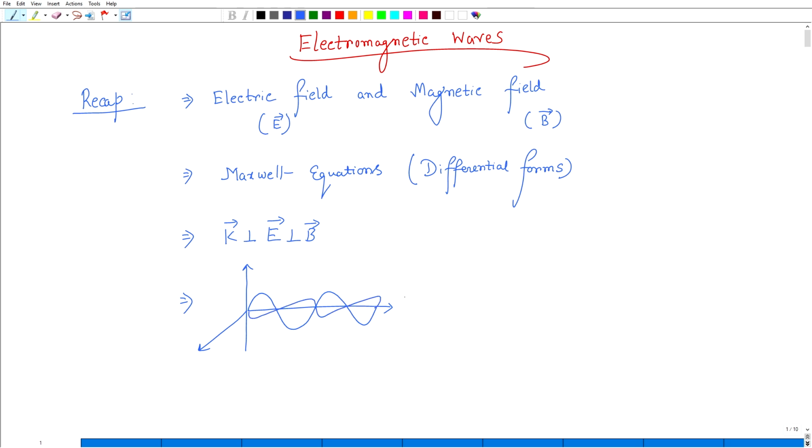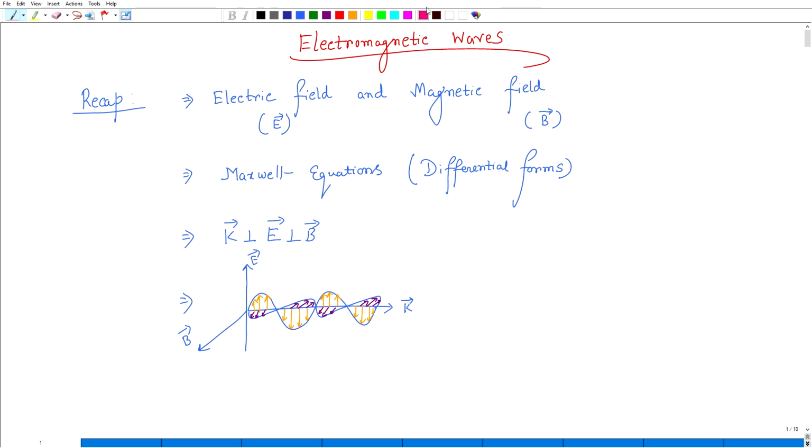Here these are the directions of the k vector, B vector and E vector. Let me just recolor it. So, this is our electromagnetic wave. We discussed these things in the last class.